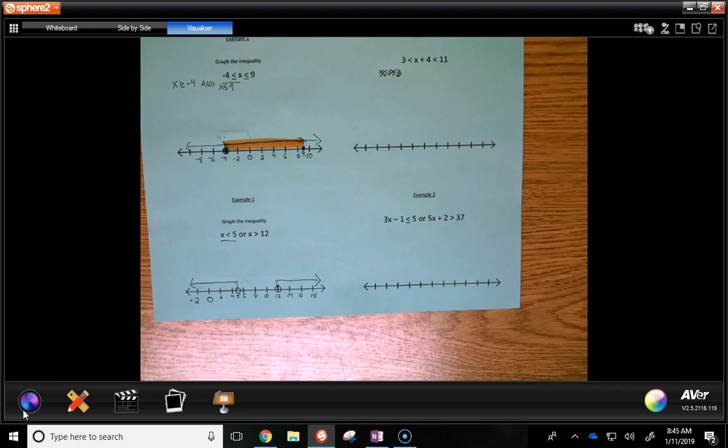If I look at my previous ones, in example 1 it went inequality sign, variable, inequality sign: -4, inequality sign, x, inequality sign. My variable was in between the two inequality signs. On this one, though, I have x plus 4 in between the two inequality signs. What this means is I first have to solve this.